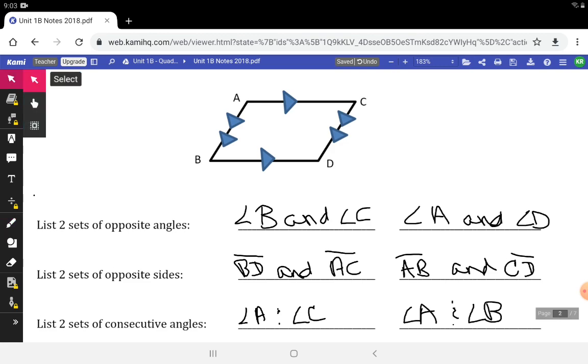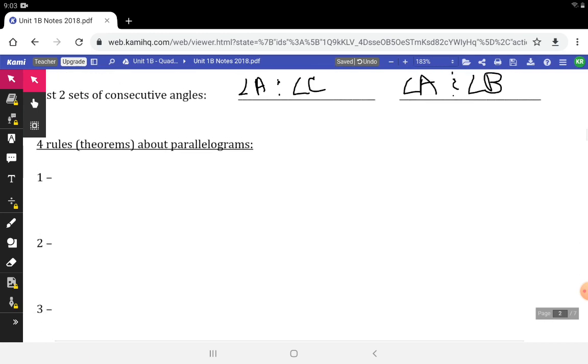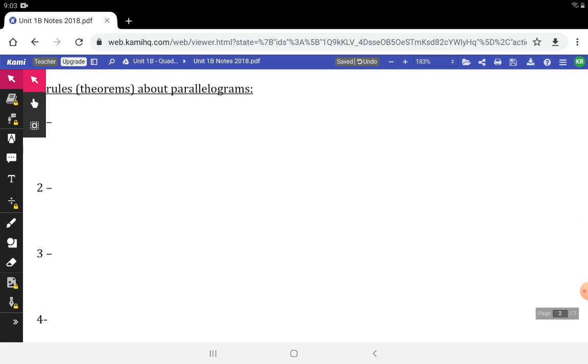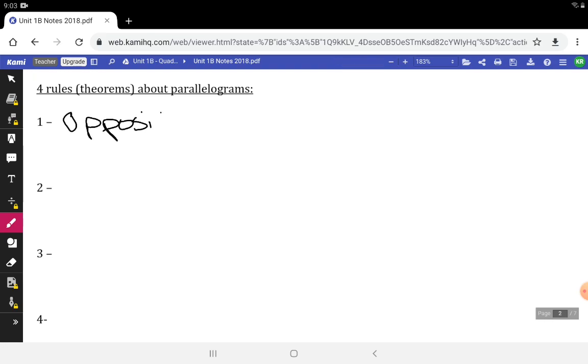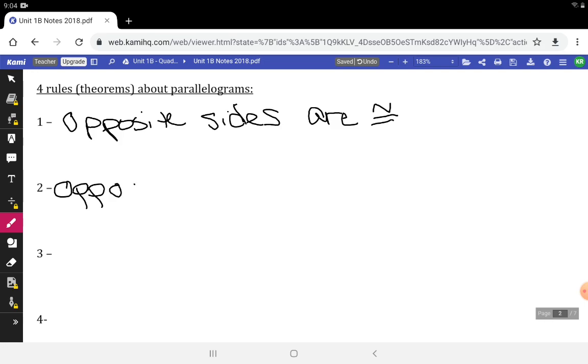Then we can move down to talk about the 4 theorems or rules about parallelograms. So in all parallelograms, we know that opposite sides are congruent. We know that opposite angles are also congruent.